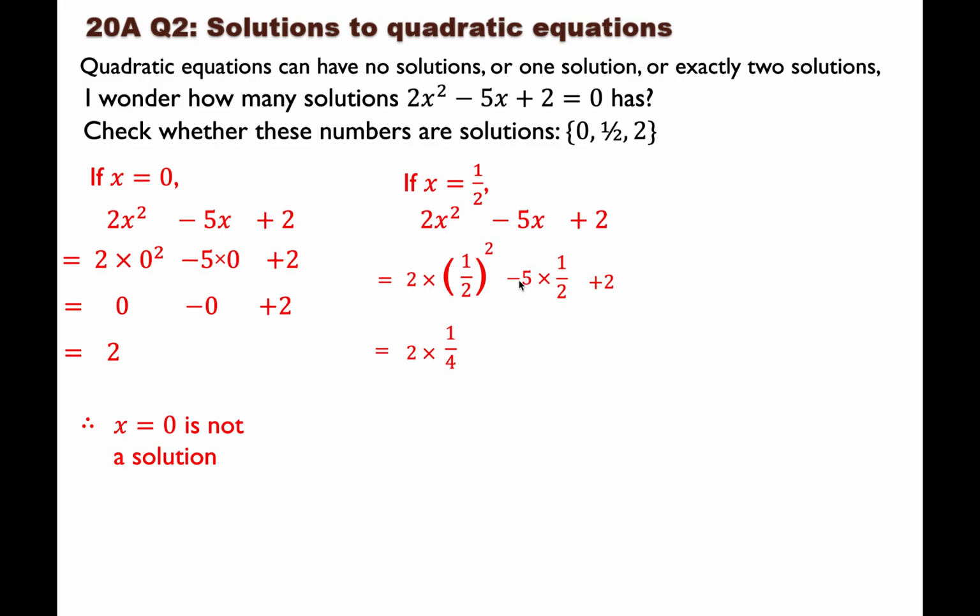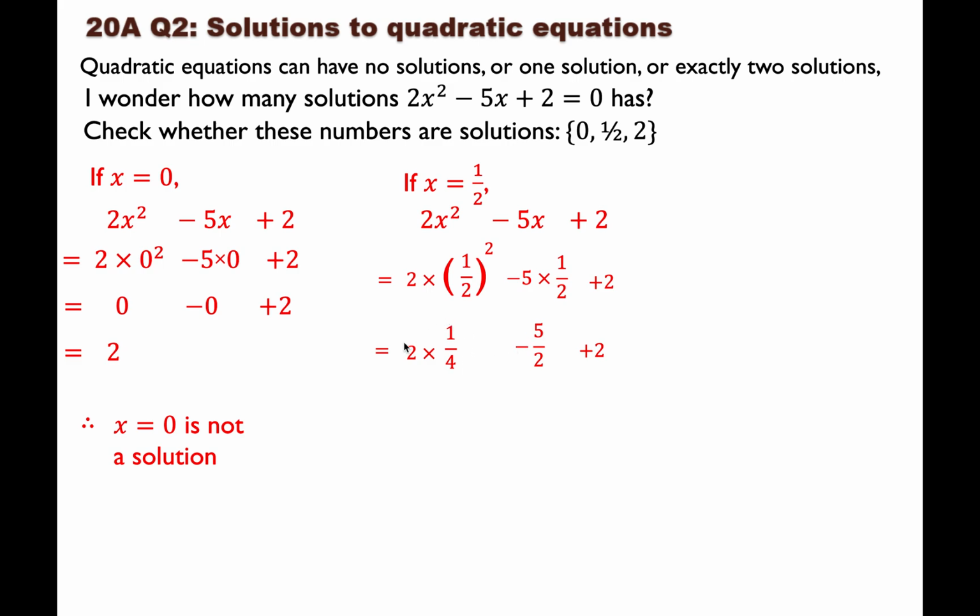Over here, we've got 5 times a half. I like to imagine that the 5 is on the top. So you've got 5 times 1, which is 5. And on the bottom, we've just got 2. So if you see a whole number by itself, just imagine that it's on the top of the fraction. And then add 2. Whew.